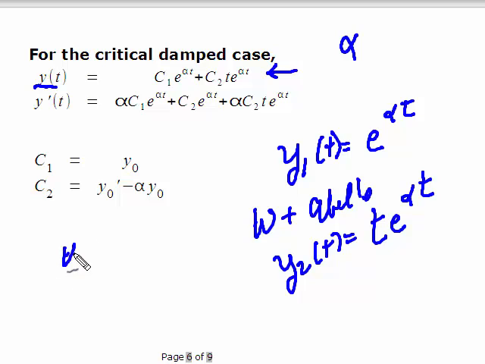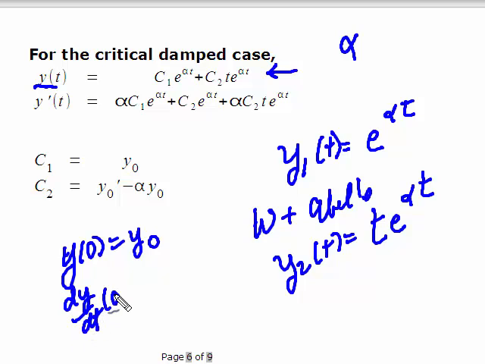Now we have the same initial conditions. Y at 0 equals y naught. The derivative at time 0 is y naught prime. We want to rewrite C1 and C2 in terms of those. Here's the first derivative: alpha C1 e to the alpha t plus C2 e to the alpha t, because you had to use a product rule, plus alpha C2 t e to the alpha t.